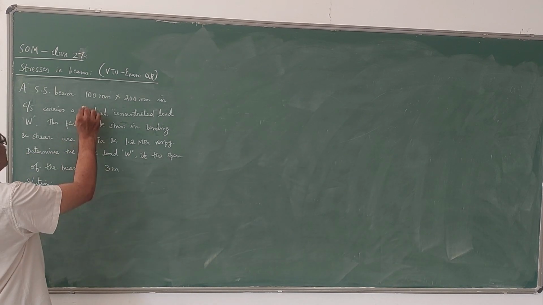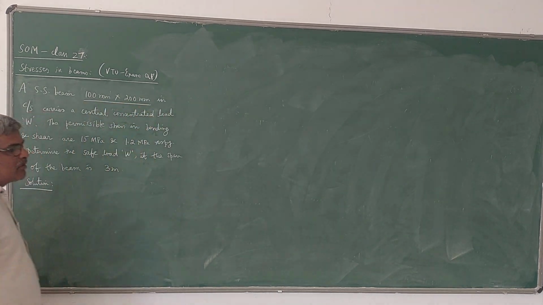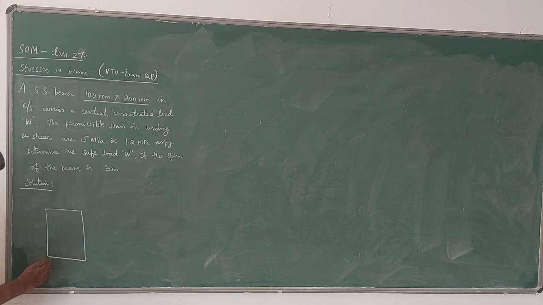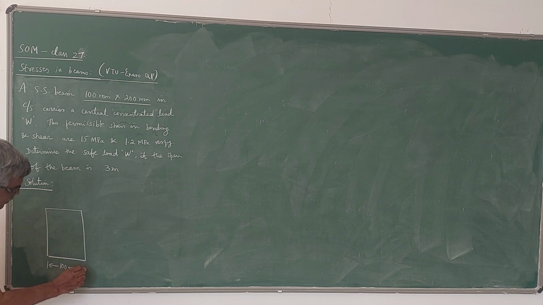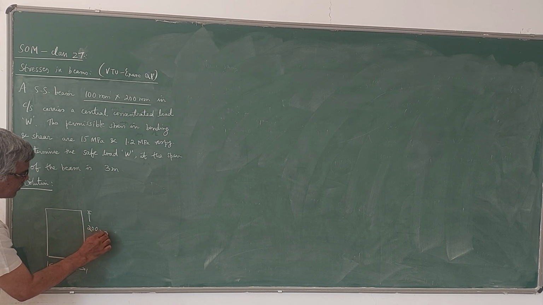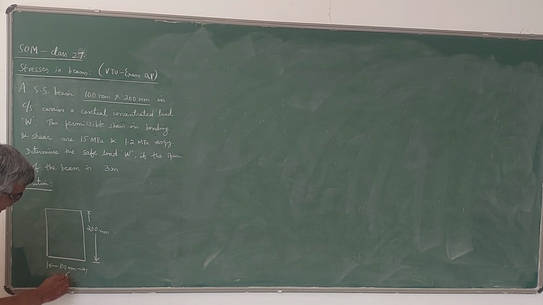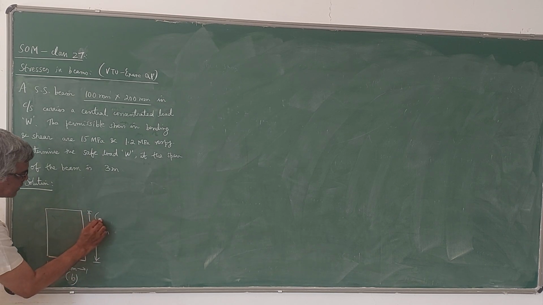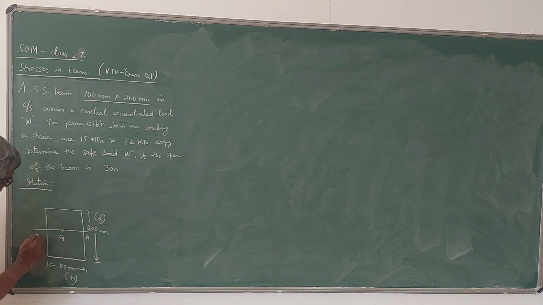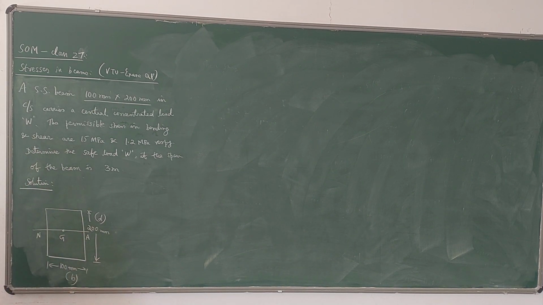A simply supported beam 100 mm by 200 mm, that is the cross section. So let me say rectangular beam. 100 mm is the width, 200 mm is the depth. So width I will take as B, depth I will take as D. Naturally the centroid lies at the center, neutral axis passes through the centroid.